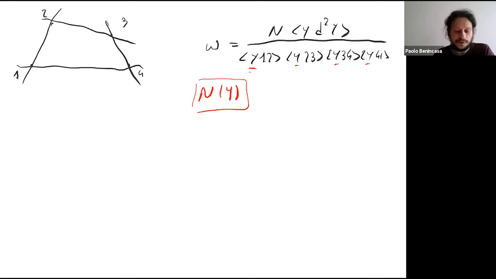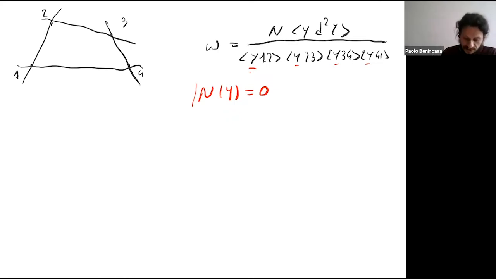And there is a nice geometric way to identify this. N of y equals 0 is a polynomial which identifies the zero of the differential form.